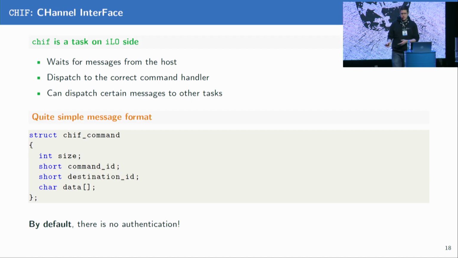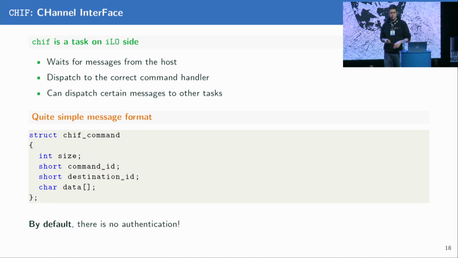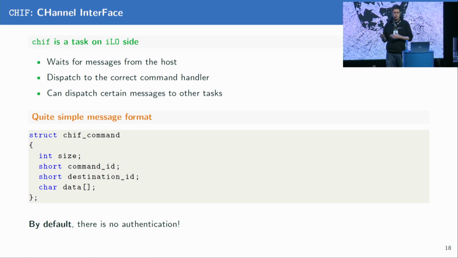On the ILO side, there is a specific task called CHIF, for channel interface, which is in charge of receiving the messages from the host and handling them. It simply waits for messages from the host, dispatching the correct command to a specific command handler, or sending the command to another task, because you can talk directly to other tasks.